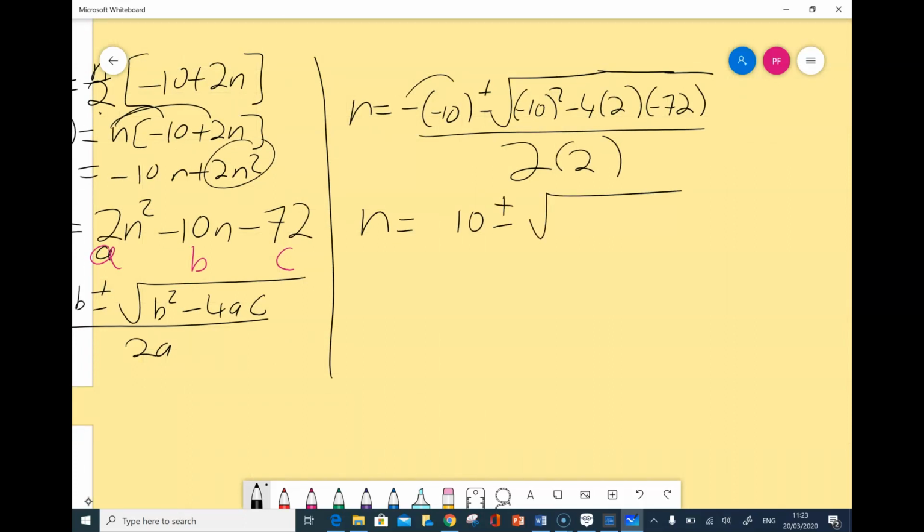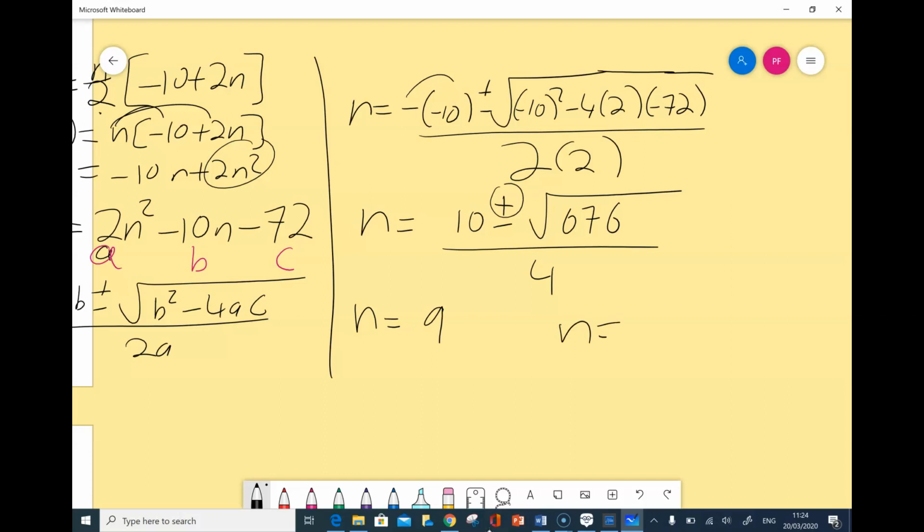I'll work out what's inside in those brackets. So it's 100 plus 576, so that's 676. And underneath is 4. So I'll do the plus one first. So I'll do 10 plus root 676 over 4. So use your fraction button. 10 plus square root of 676 all over 4 equals 9.